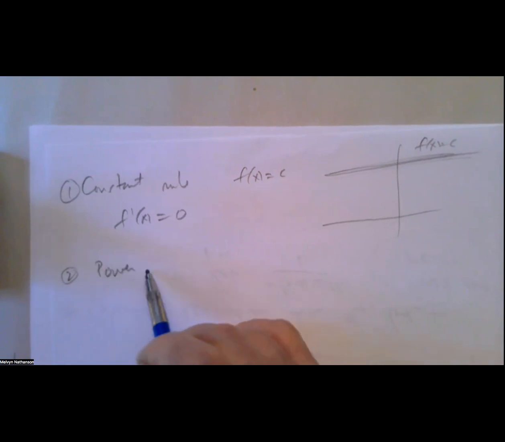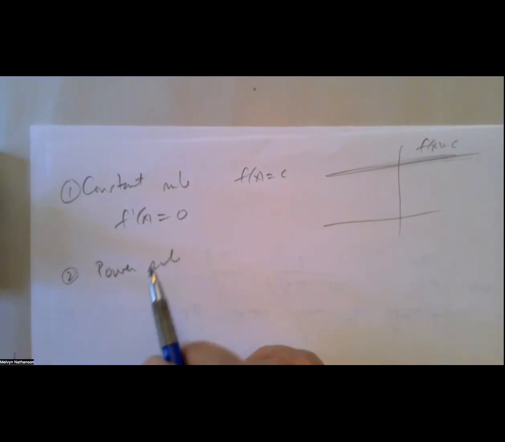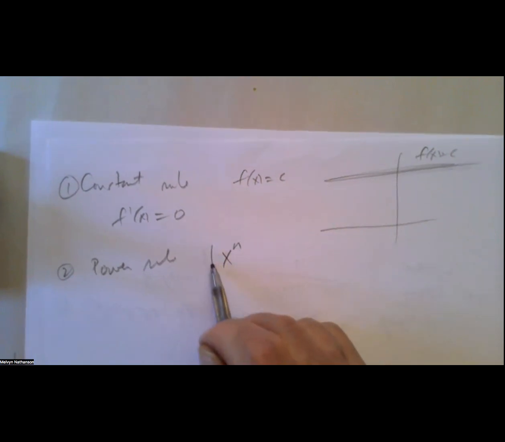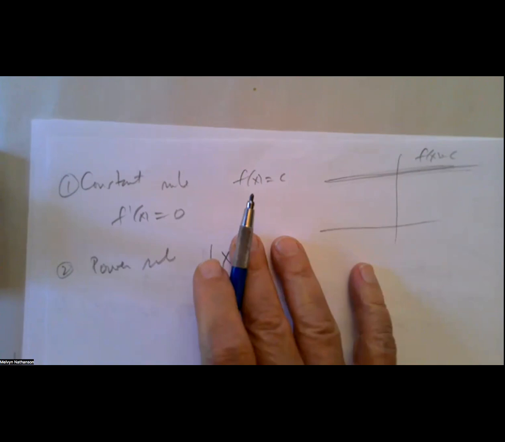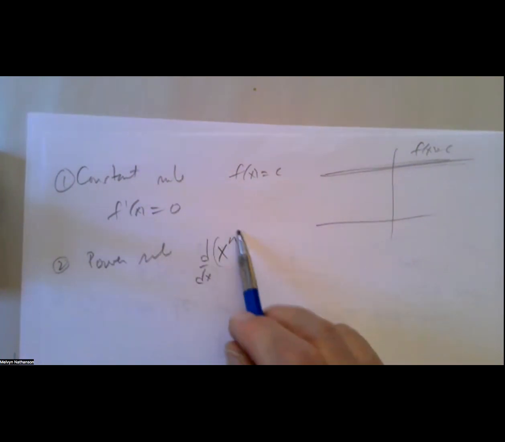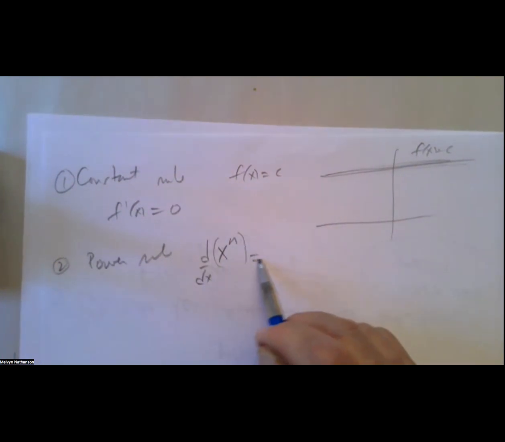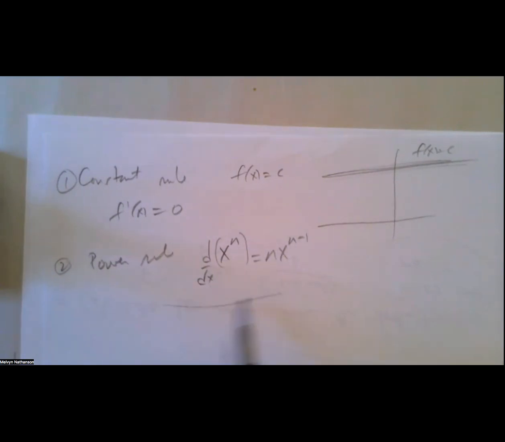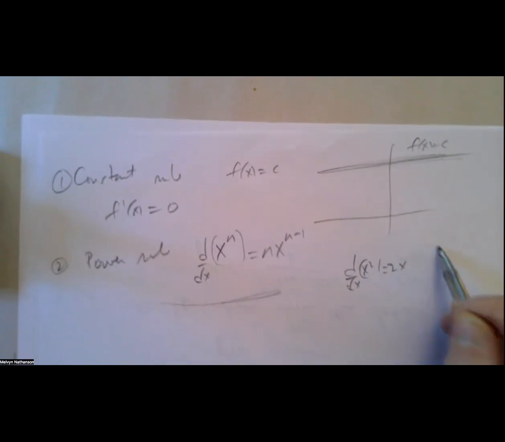Extremely important is the power rule. It says if you have x to the power n, so I'm using this notation d dx, the derivative of x to the n is n x to the n minus 1. So the derivative of x squared is 2x.